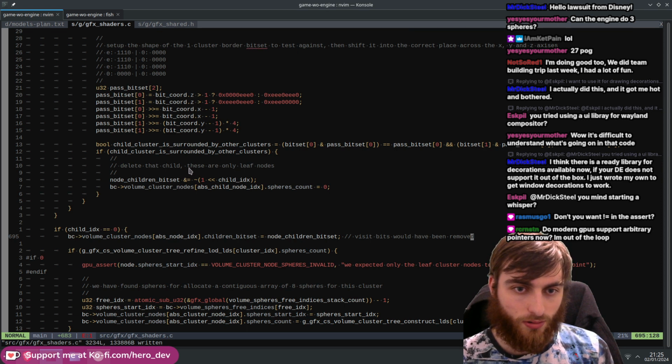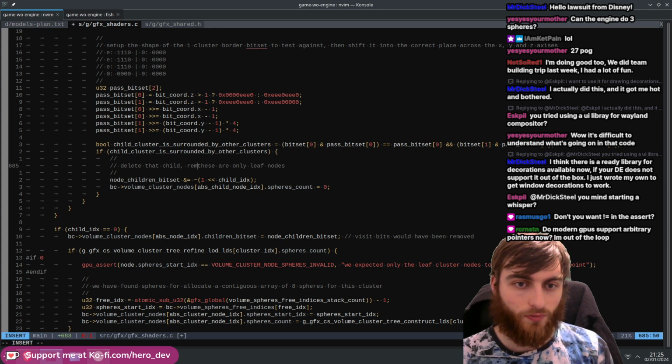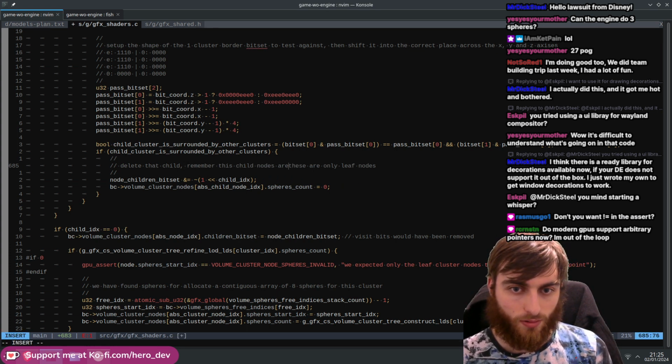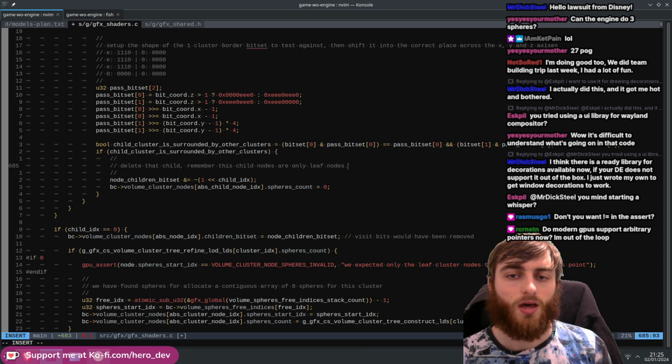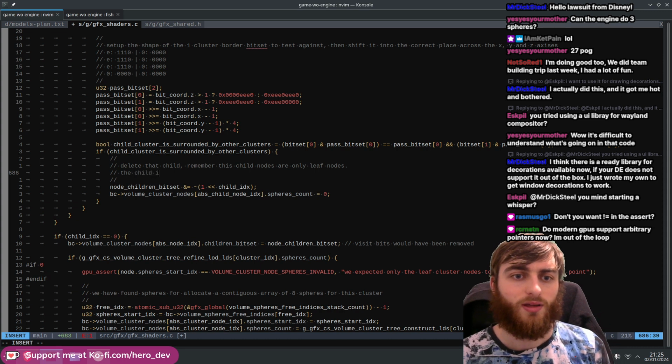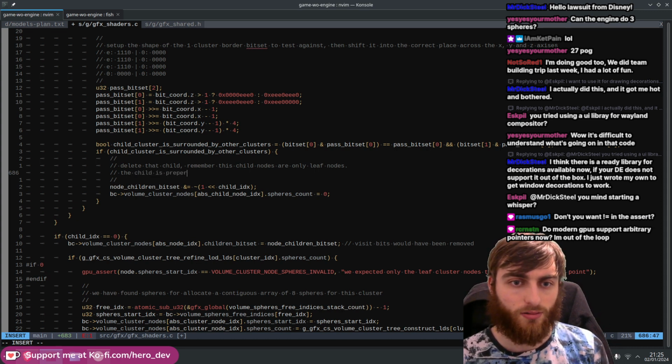Remember, these are only leaf nodes. And we also want to say the child is properly deleted later, in the next shader.